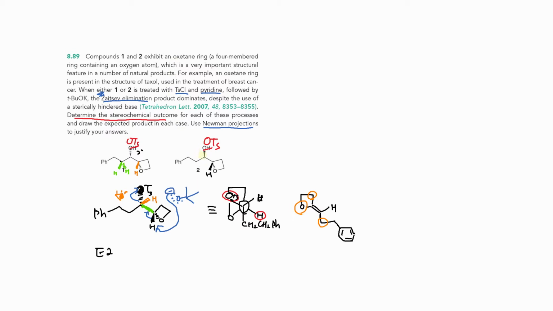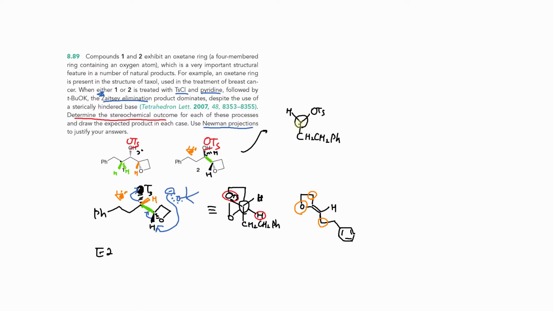I'm going to have our eyes looking through that carbon-carbon axis again, and also I'm going to draw the hydrogen that's on the dash. So when I take a look at this through this specific bond, and our eyes are here, I'm going to have an OTs on the right side. On the left side, I see the hydrogen sticking out, and the bottom is still the same chain that we saw earlier.